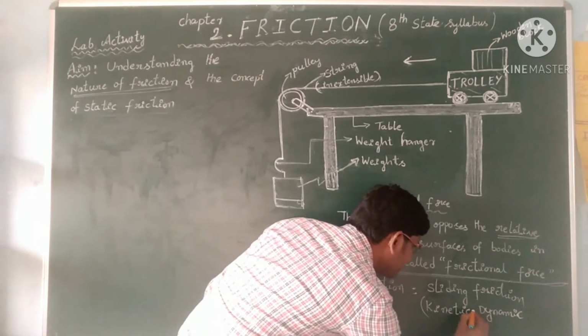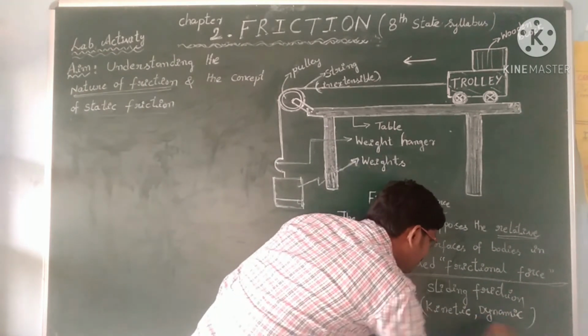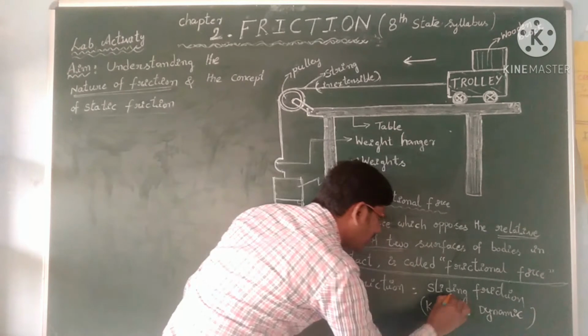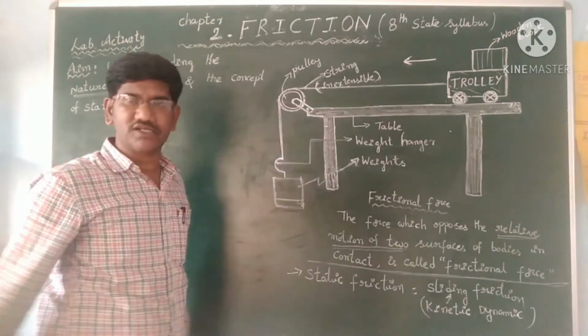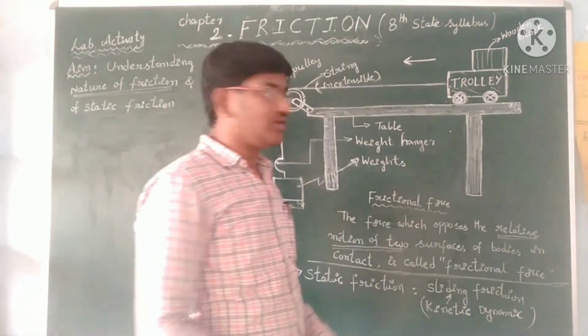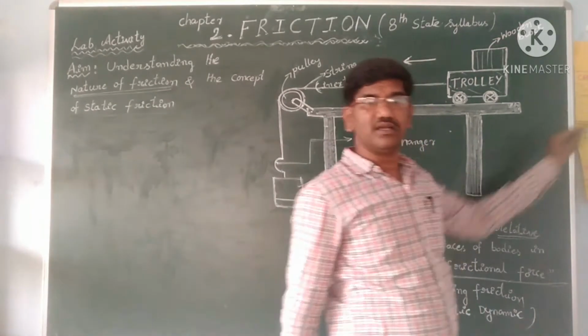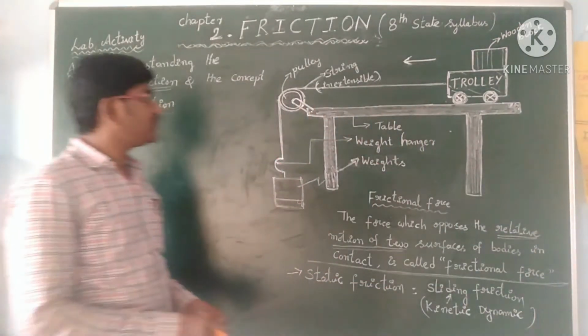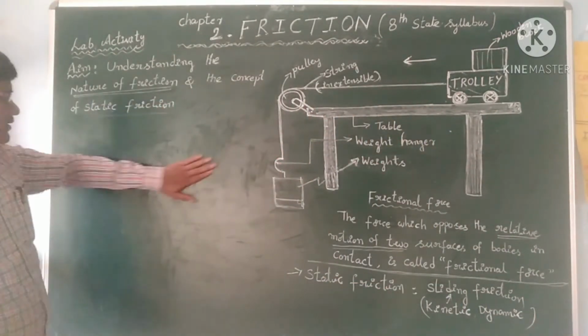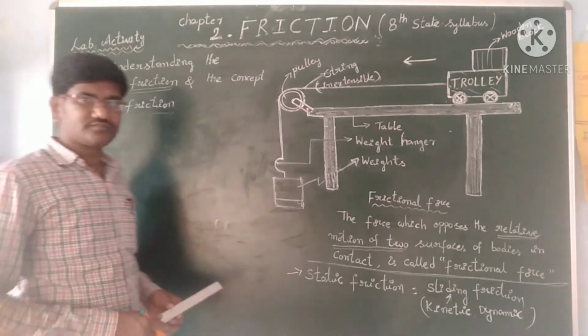Anything you can call kinetic friction, dynamic friction, or sliding friction. Now we can see the experimental procedure clearly.